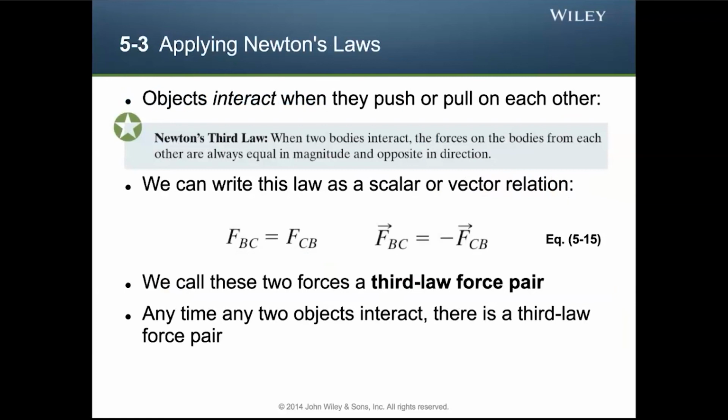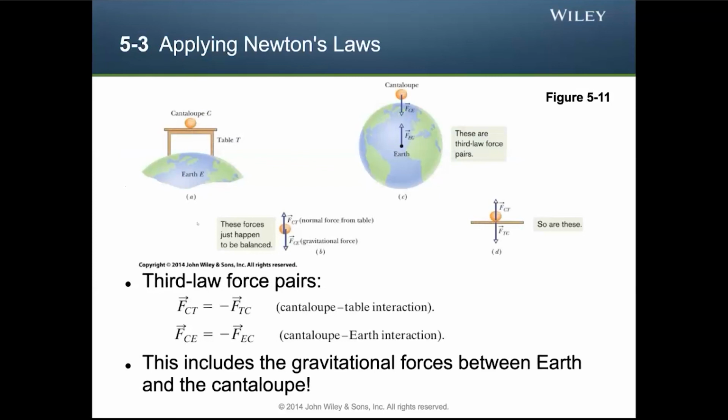Okay, so getting into the vectors, I kind of went over this already. When two bodies interact, the forces on the bodies from each other are always equal in magnitude and opposite in direction. So we'll look at this again. This is more of what I just already said. You have a cantaloupe on a table that's sitting on the earth.